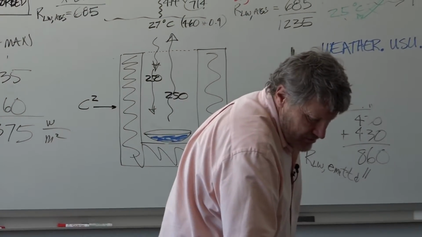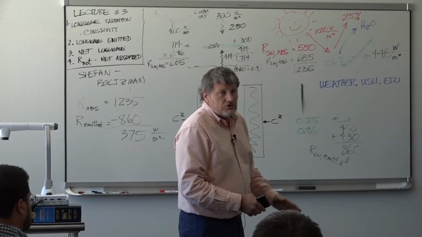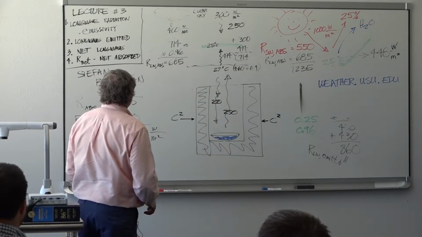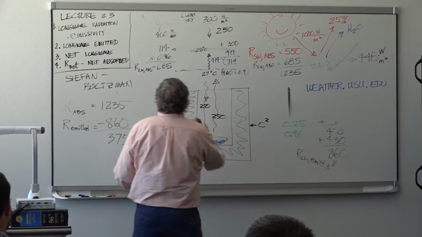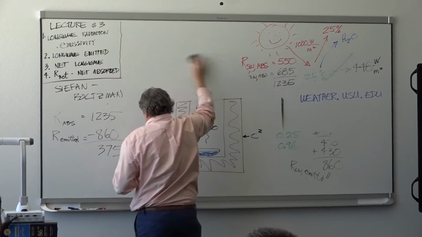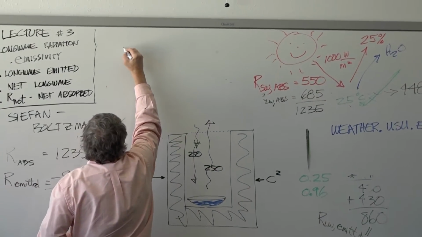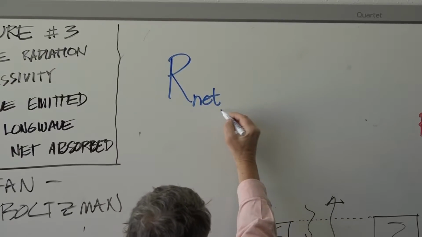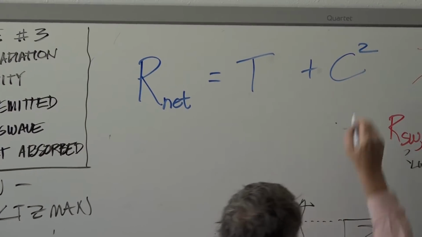net radiation is such a big factor in everything with energy balance, and because, by the way, now we have simplified, all this stuff feeds into one thing, and we'll put it up here. This is good. Now our whole equation goes to R net, and this is absorbed, equals T plus C squared.